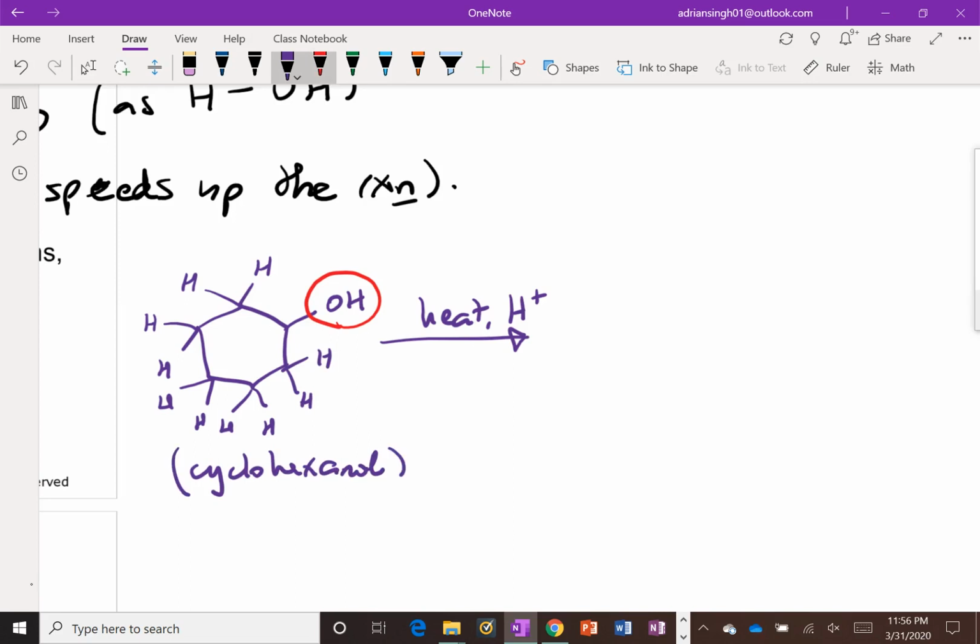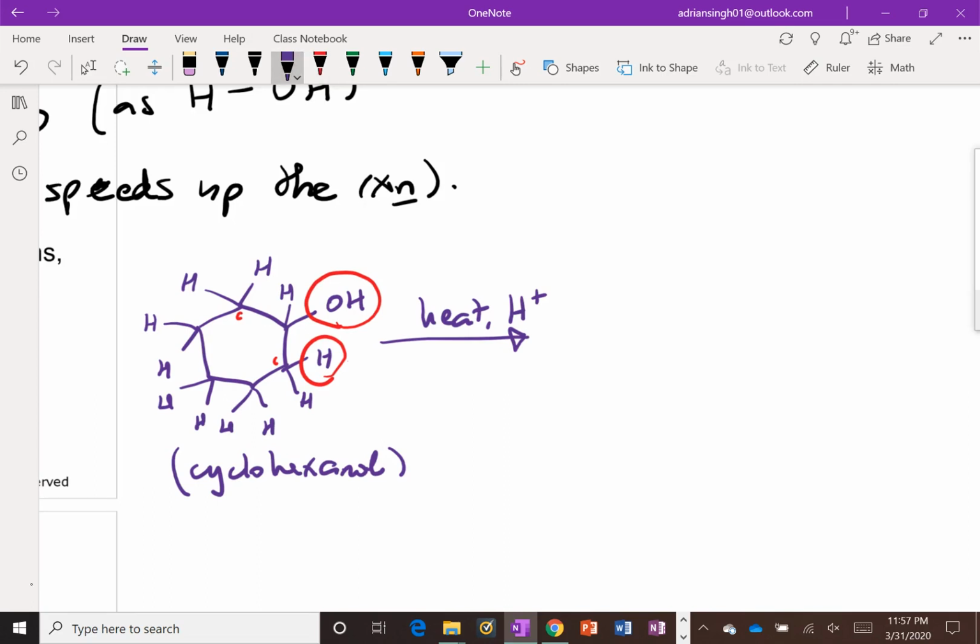Right, so we can lose that OH from that carbon. And we also have another H attached here. And we lose an H from an adjacent carbon, right? So either from this carbon here or the carbon underneath, let's just choose the one on the bottom, we lose that H. So we lose water in the form of an H from an adjacent carbon and the OH from the carbon where the hydroxyl is attached.